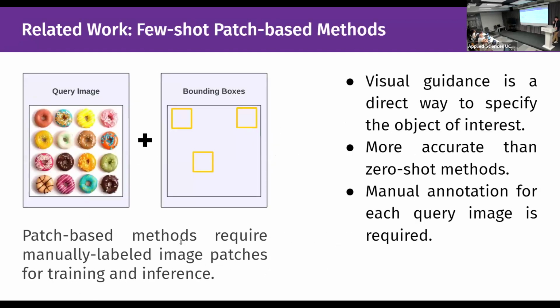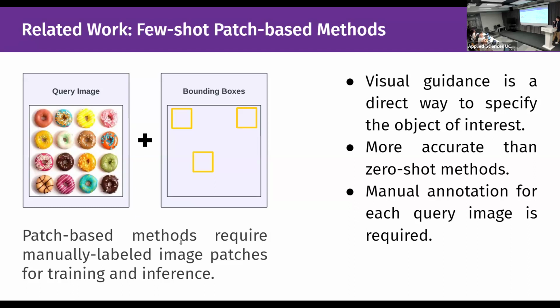The second group, as I said, of classical methods are the few-shot methods, and they are divided into patch-based and support-based. In patch-based methods, we annotate several bounding boxes around the object of interest and pass them along with the query image to the model.